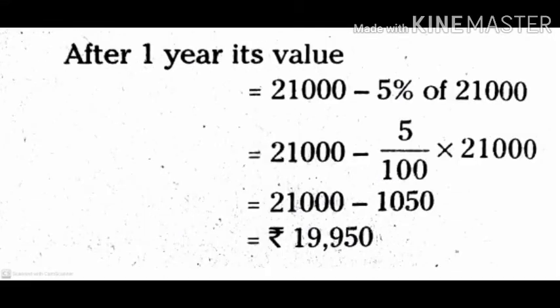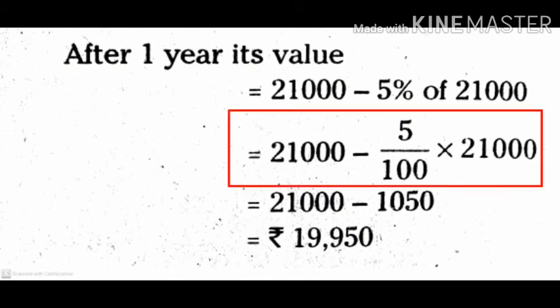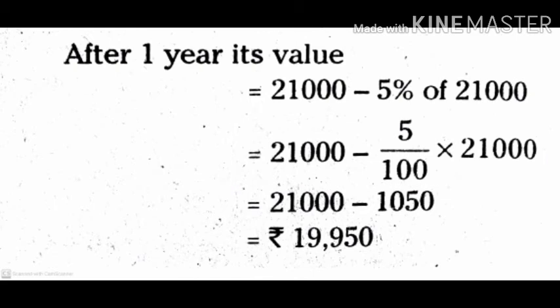After 1 year, the cost price of TV is equal to 21,000 minus 5% of 21,000, because here TV value is depreciated by 5%. So we have to subtract from the original amount. That is equal to 21,000 minus 5% means 5 by 100 into 21,000.